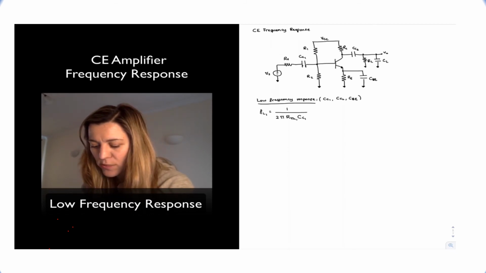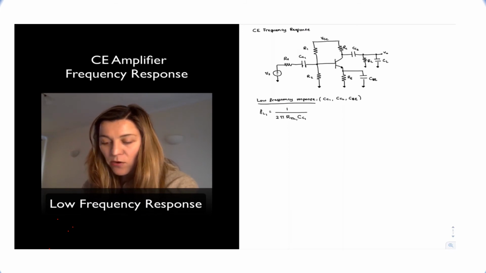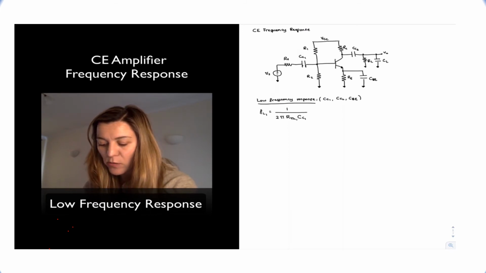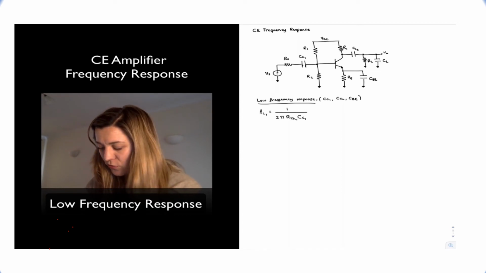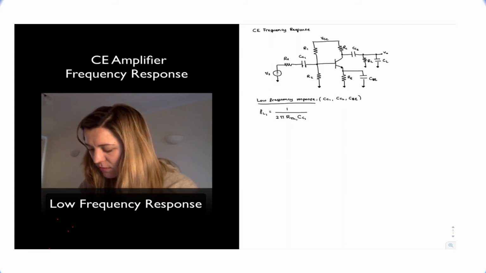And so I see on one side RS to ground, and on the other side I see R1 to a signal ground, in parallel with R2 to ground, in parallel with beta times little re. I don't know if you can see that. Let me draw it on the side so that it becomes more obvious.